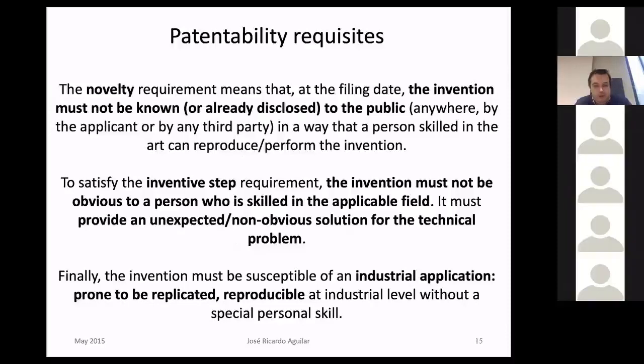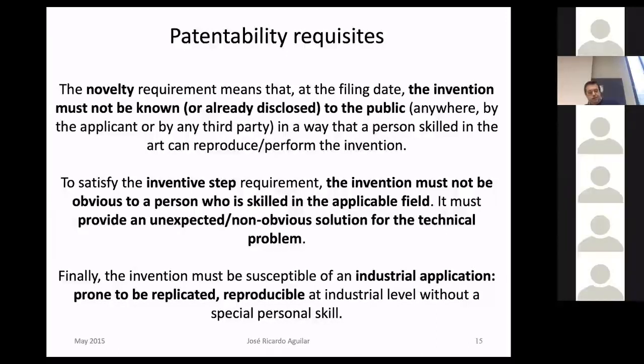So it is very, very important to know that if you ever want to patent something, you should not disclose it prior to that date. The first thing that you do in public should be the patent application. Otherwise, in Europe, your patent can be refused due to the lack of novelty.